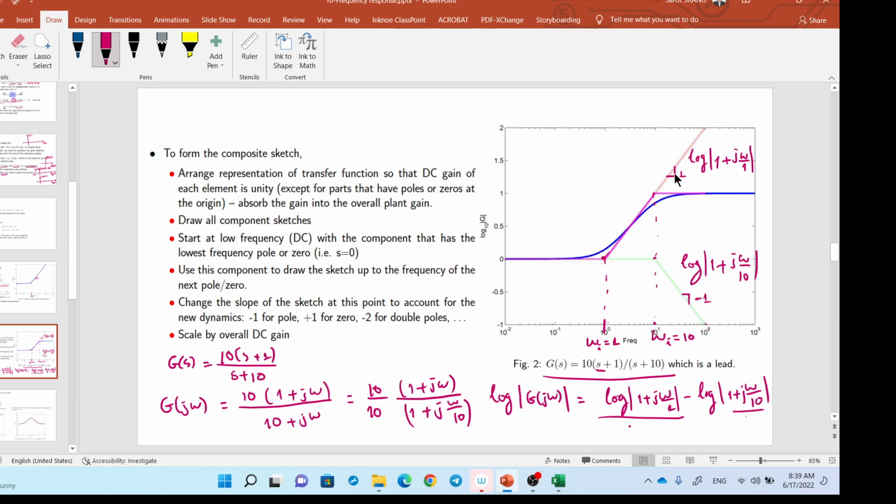So if you add together these two slopes, then you get 0 slope here, right? So the combination of asymptotes is like this. Finally, you can draw the curve of the frequency response function in log scale, which is the blue one.